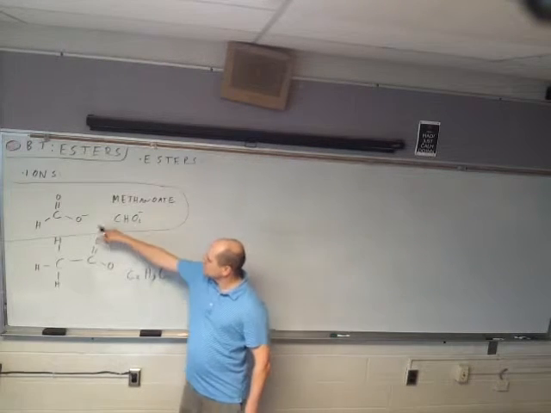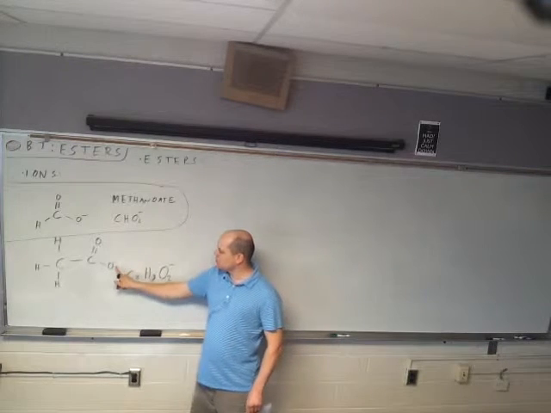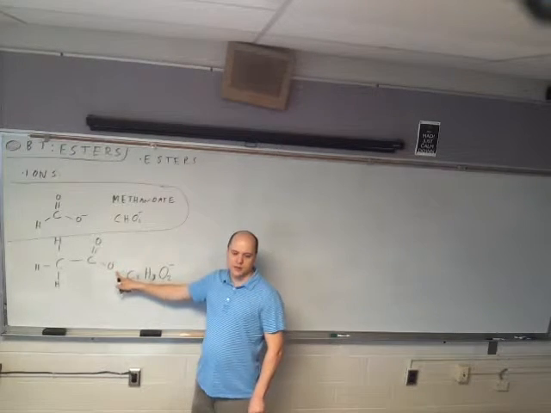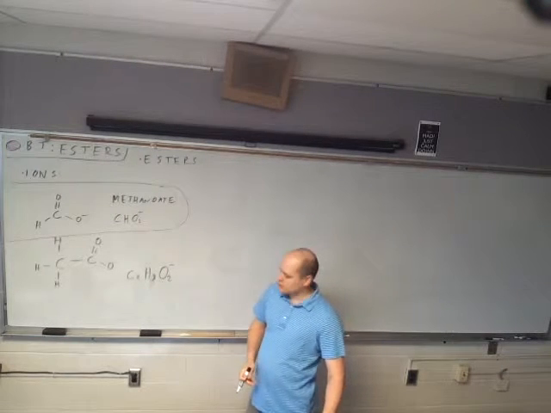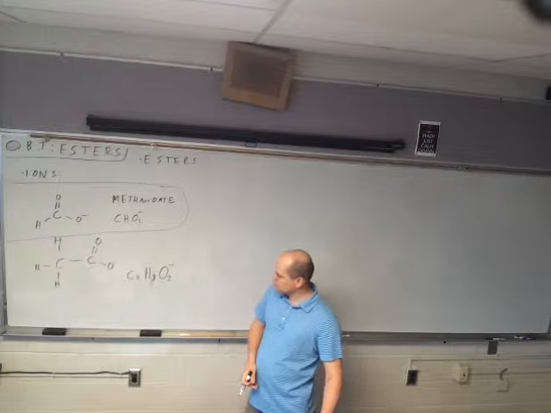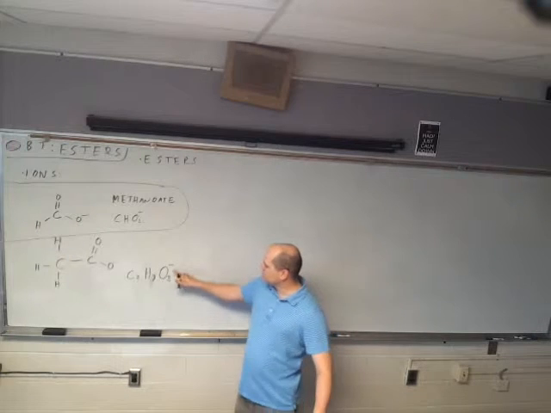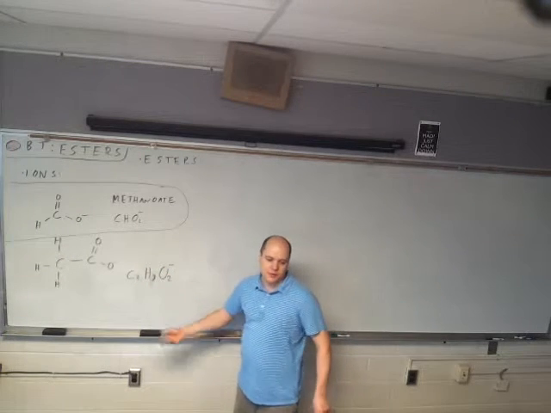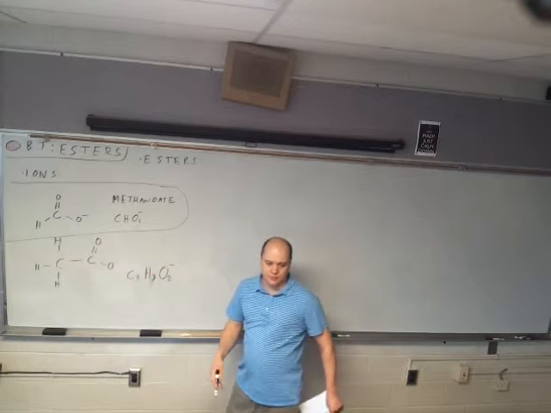No, the other O, not the double bond. This one only has 1 bond, so it's got the extra electron. So why don't you just put O and then O negative? Because the double bond O is not a negative. No, the negative is just for the whole thing. It's just saying somewhere on there there's a minus charge. There's an extra electron somewhere on this molecule. So we just put a minus here.